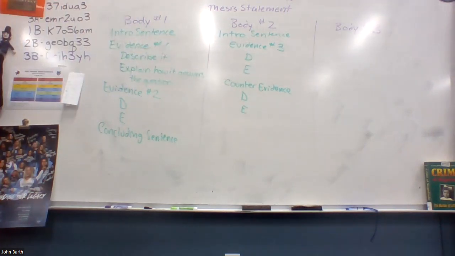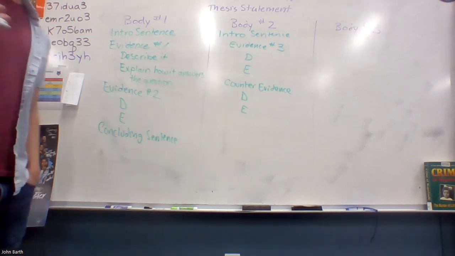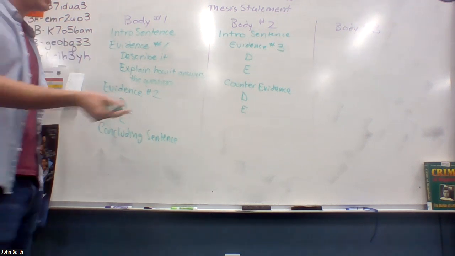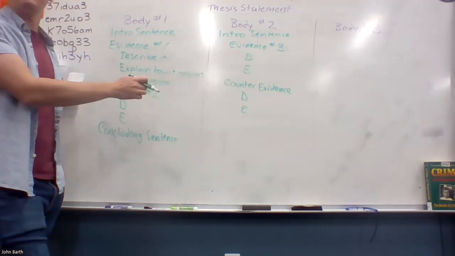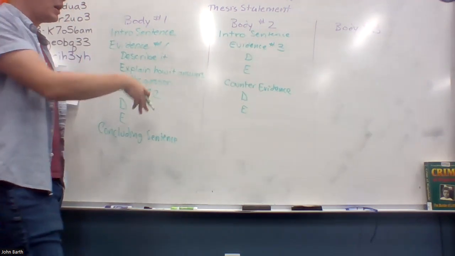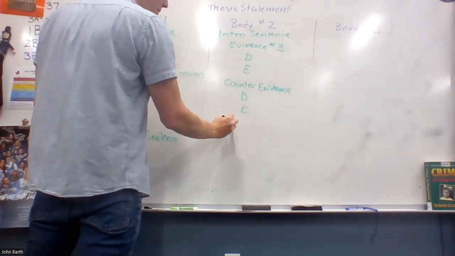If you just mention Loyalists in passing, they're not going to give you a point for that. You have to treat it like another piece of evidence. I said in class you should go for six pieces of evidence. Your counter argument counts as one of those six. And then I end it with a concluding sentence again.